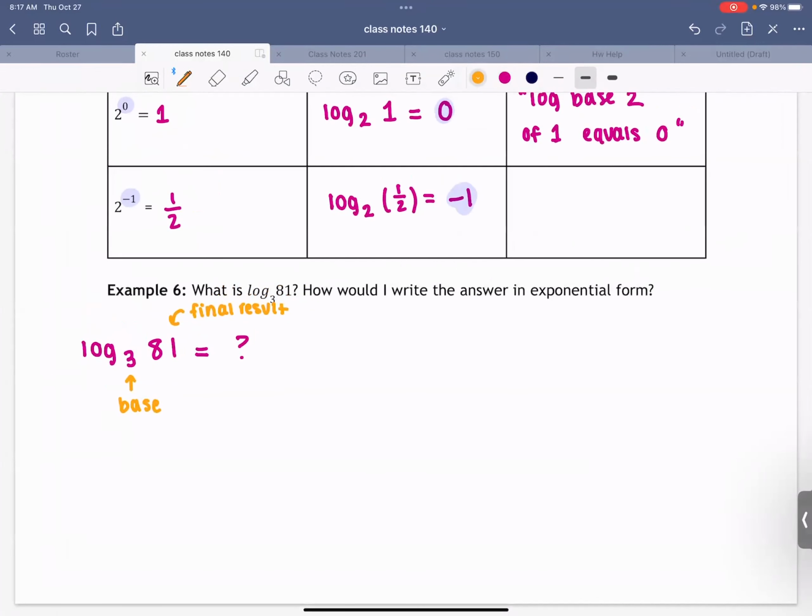We know that the question mark, or the thing at the end, is always the power of the exponent.